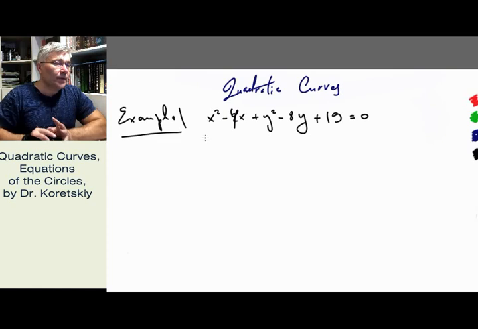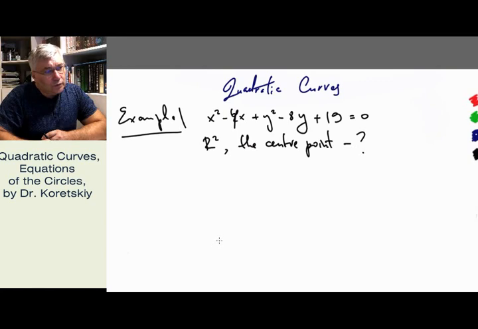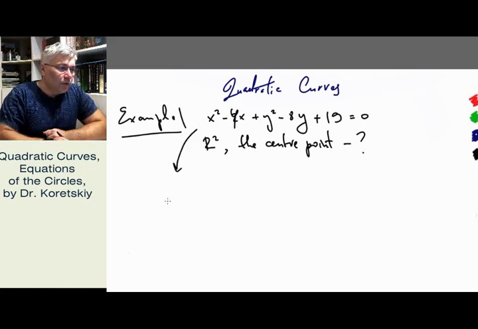So I have the same work. I have to define r squared, I have to define the center point. So all of these things are known for me. And now I have to transform these things into the formula, into the canonical view, the equation of the circle.